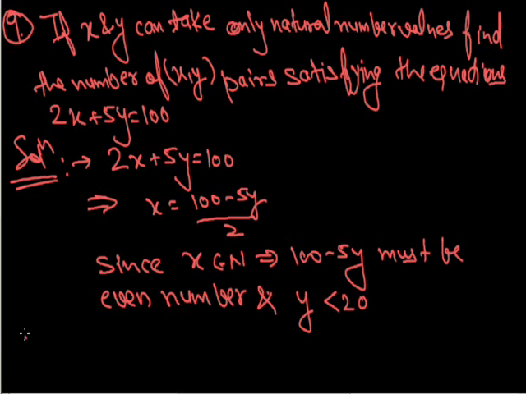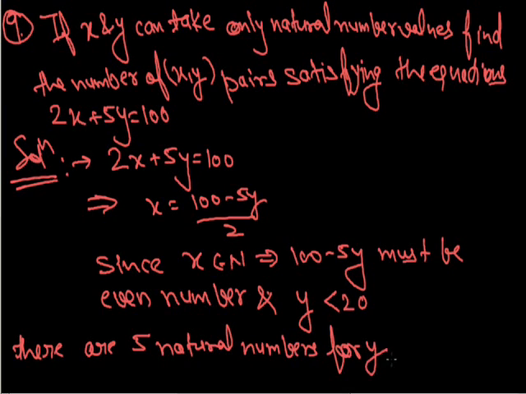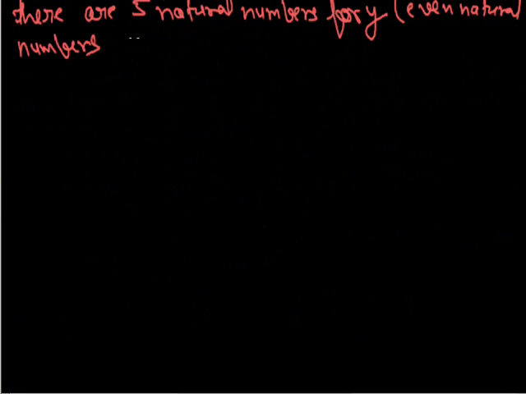There are natural numbers satisfying the given condition for y, that is even natural numbers between 1 and 20. That is 2, 4, 6, 8, 10, 12, 14, 16 and 18.